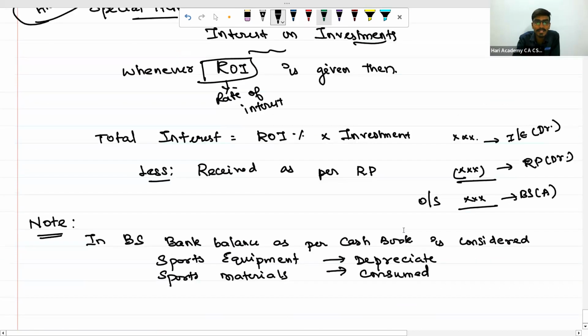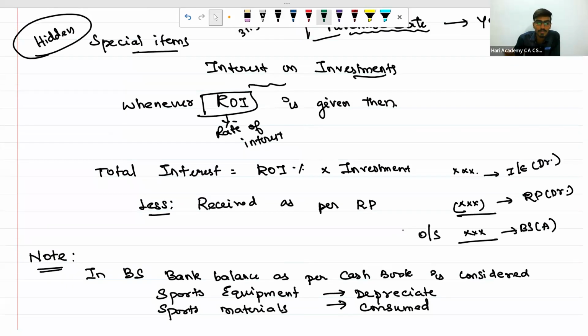And the next important point you need to remember: if you want to find out opening capital, prepare the opening balance sheet. Prepare it by keeping all the opening liabilities on the left hand side and all the assets on the right hand side.